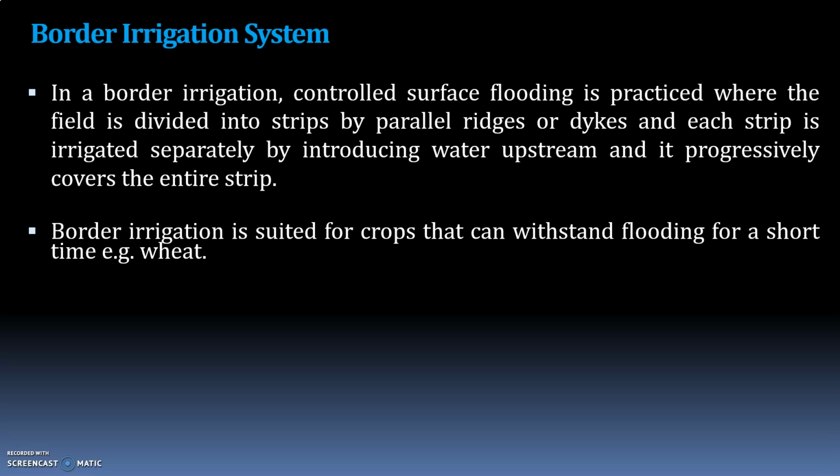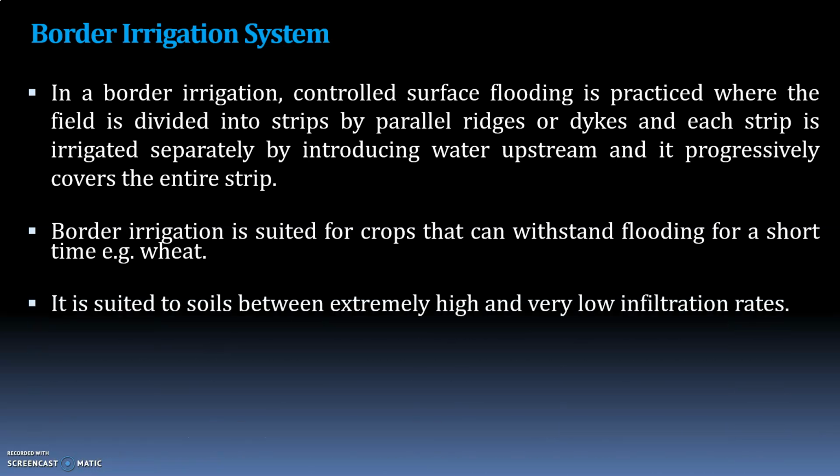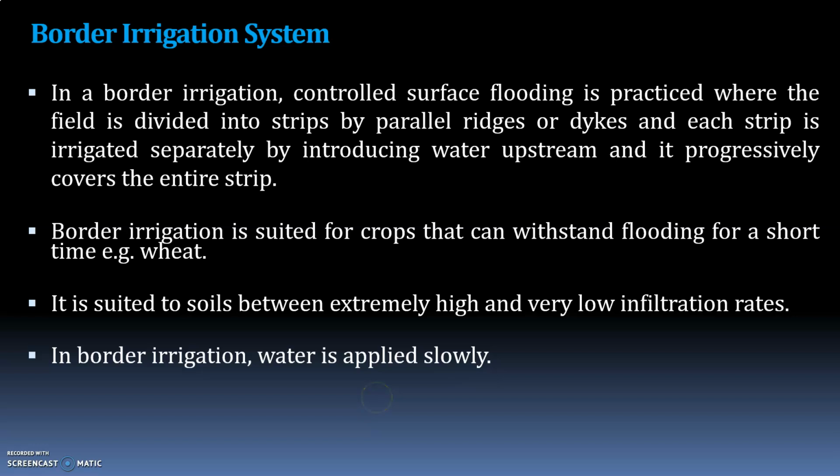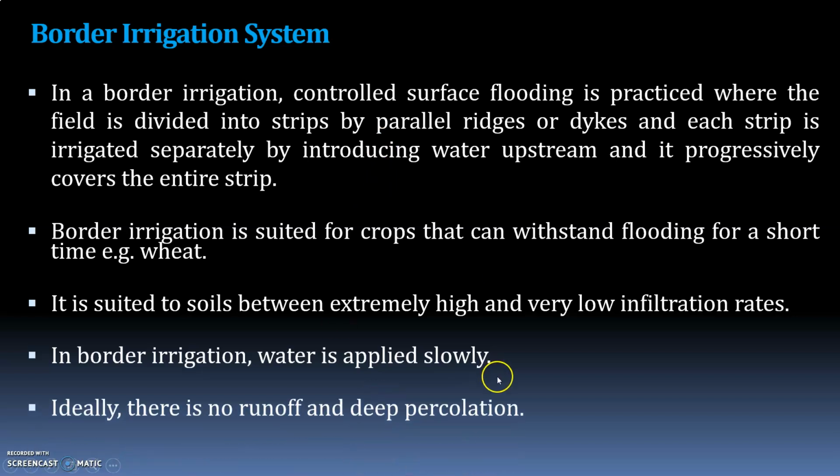Border irrigation is suited for crops that can withstand flooding for a short time, for example wheat, and it is suitable for soils between extremely high and very low infiltration rates. In border irrigation, water is applied slowly, and ideally there is no problem of runoff or deep percolation as in the furrow irrigation method.